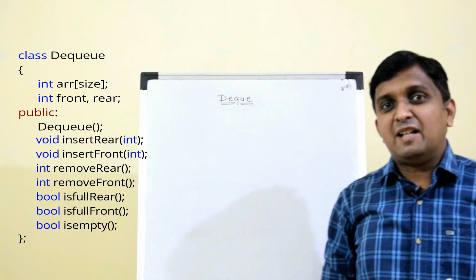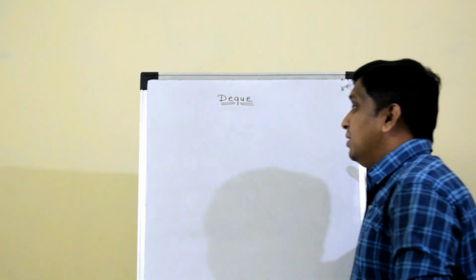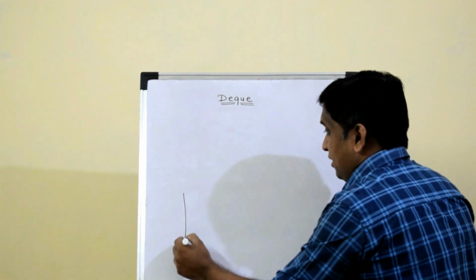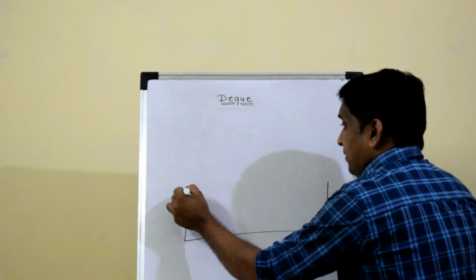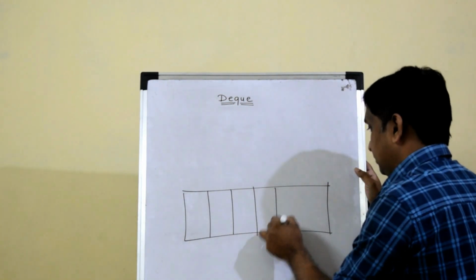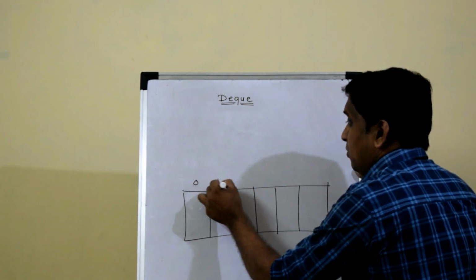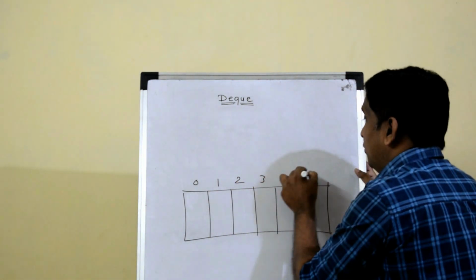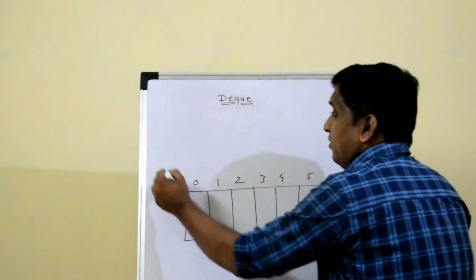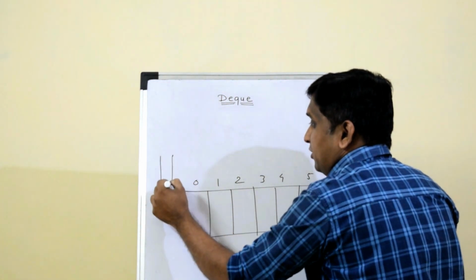So let's take an example so that we'll understand the algorithm for insert and remove operations. Suppose this is the array which I am using for storing the elements: 0, 1, 2, 3, 4, 5. So at the beginning front and rear will point to -1.